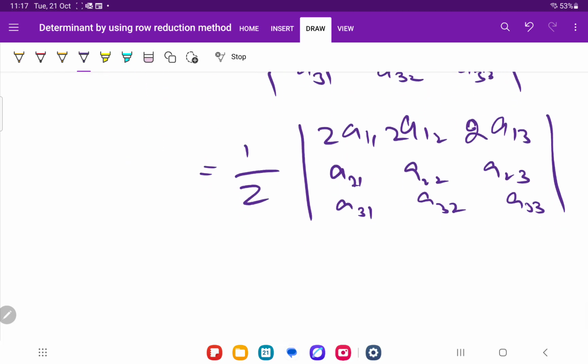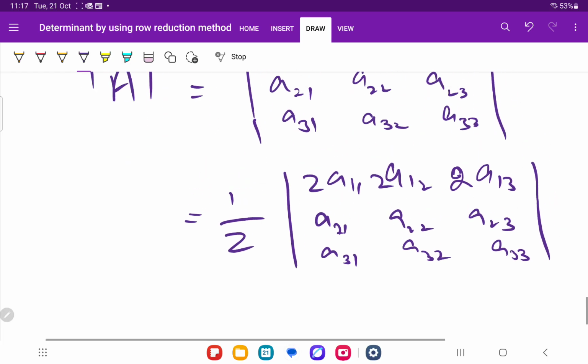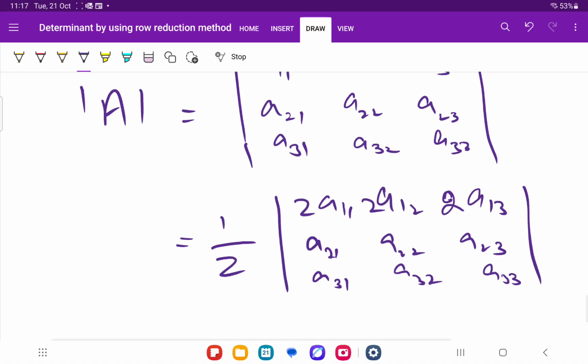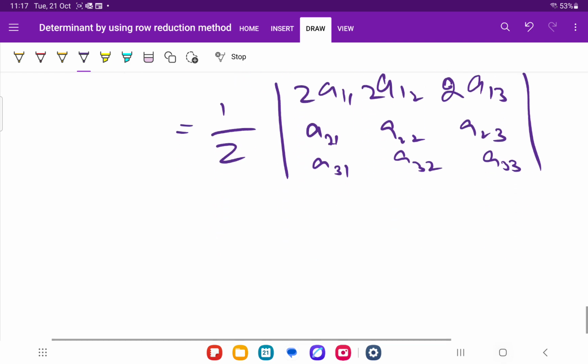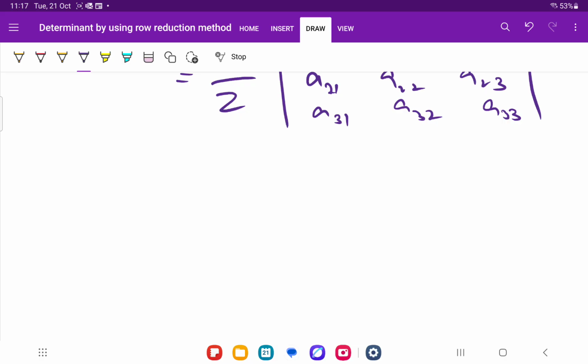Okay, so the point is that when you are multiplying with any number in a matrix, the number is multiplied to all the entries, but in a determinant it will multiply to a row or column only. That is the important thing.